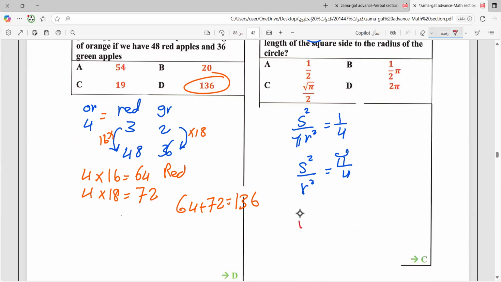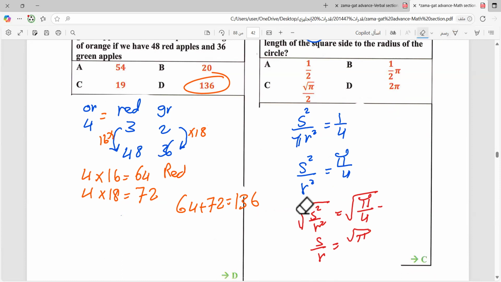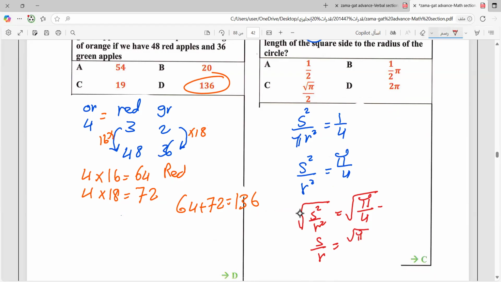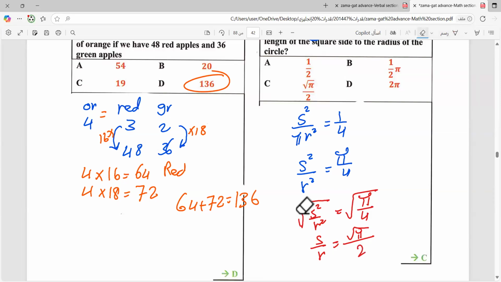The square root of S squared over R squared, so S over R, is the square root of pi over the square root of 4, which is 2.